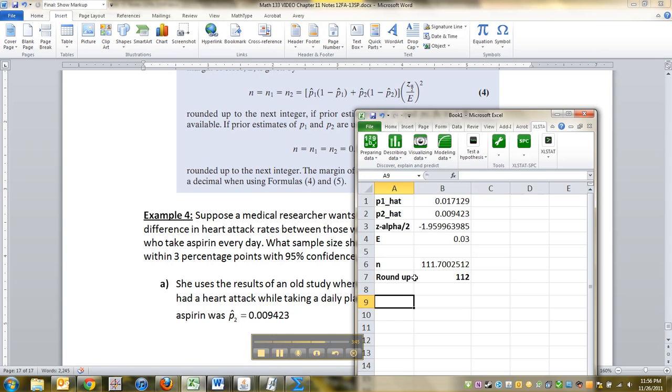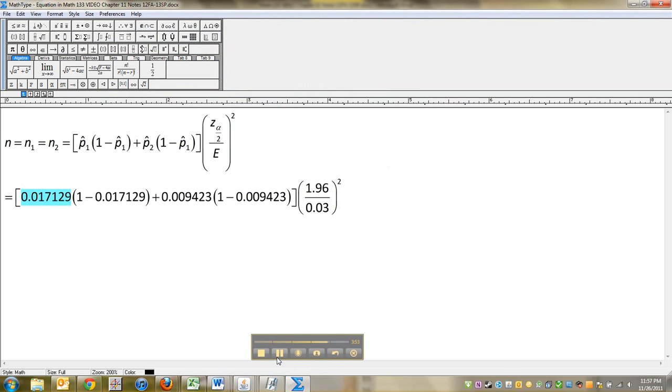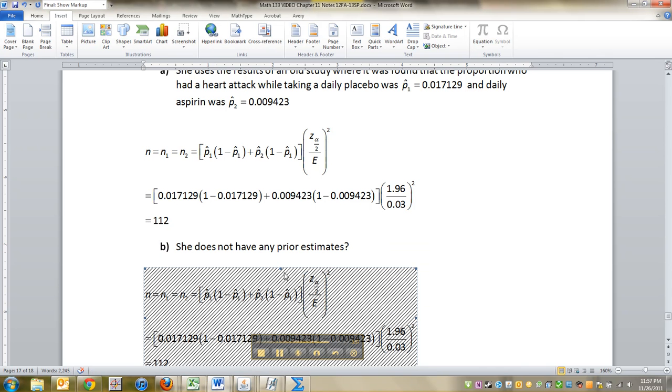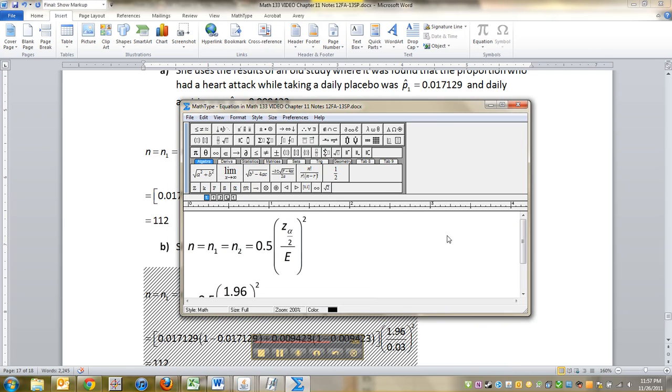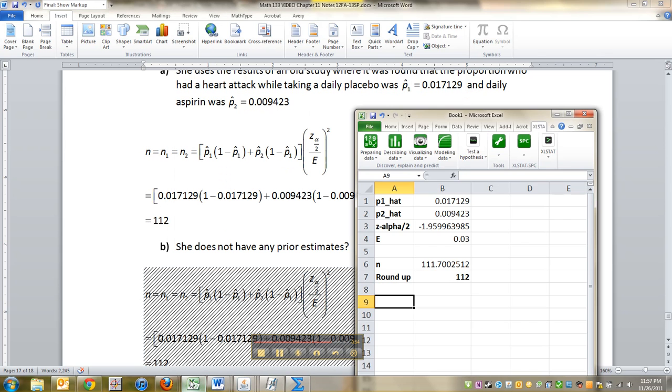Okay, now how would it change for part B when you don't have a prior estimate? When she has no prior estimate, it simplifies things a lot, because the formula just gets a 0.5 in front instead of all that other garbage.